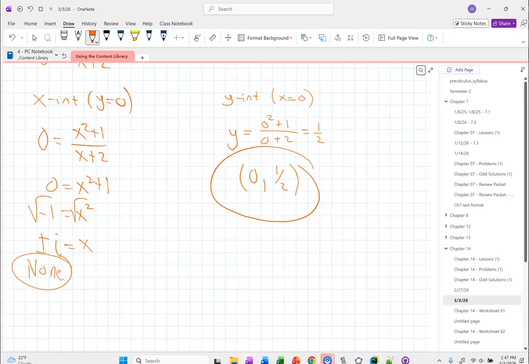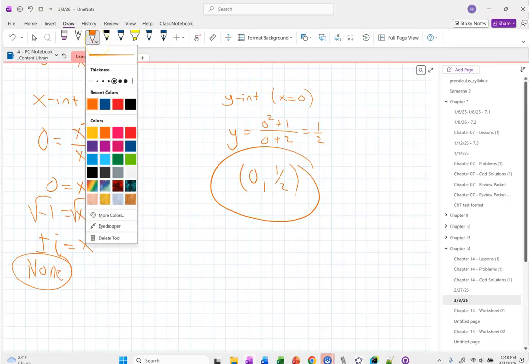So I just plug 0 in for x into my reduced equation and simplify down and get a half. So it's 0 comma half. X is 0, that's what we plugged in, so the x coordinate is 0. Y is 1/2, that's what we found. So the y coordinate is 1/2. No big deal. We're done. That's the easiest part.